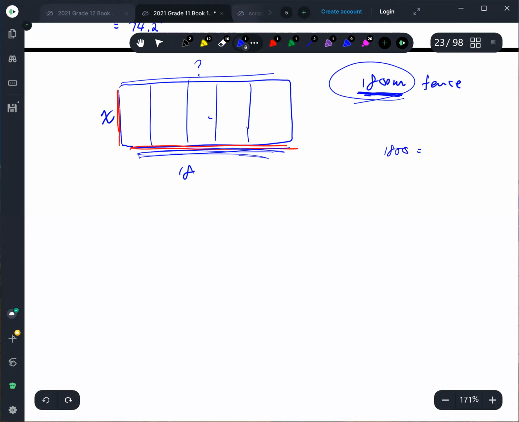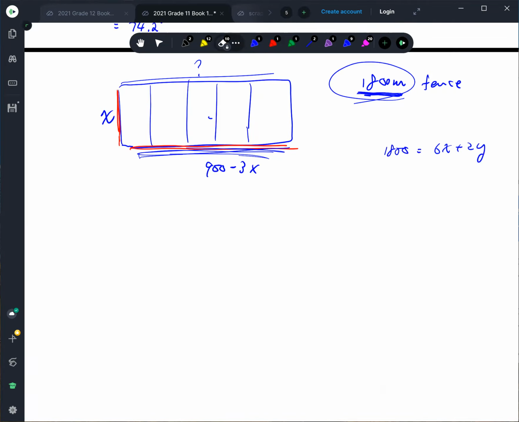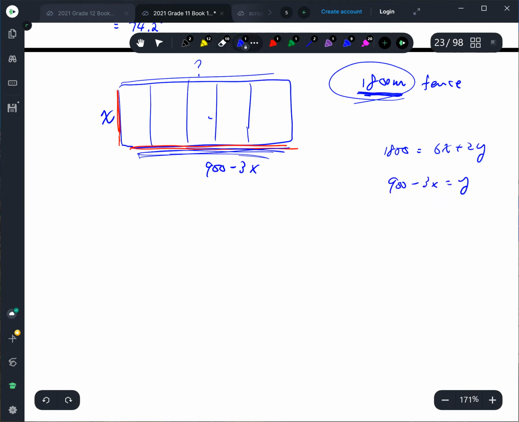Okay, 1800 equals 6x plus 2y, and then I isolate y. Sure. I get 900 minus 3x equals y. So that would be the length, right? 900 minus 3x equal to y.